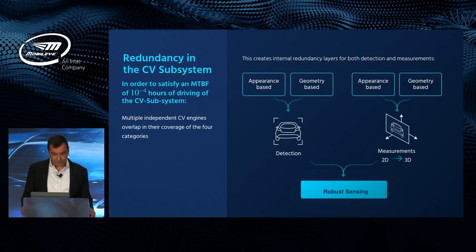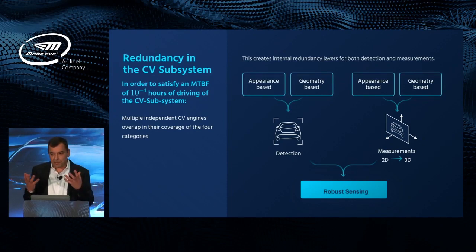So the way we look at it, there are several sources of information. One is appearance. You have pixels in the image. A vehicle has a typical appearance, and you use that typical appearance in order to train a network to detect the vehicles, for example.